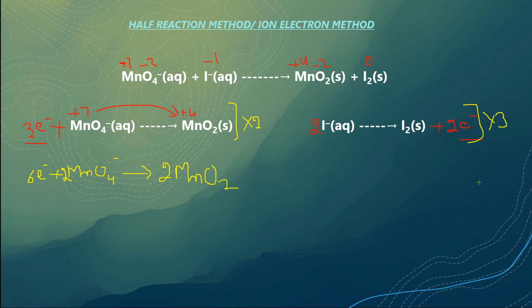And here if I multiply by 3, it becomes 6 I minus, giving 3 I2 plus 6 electrons. Okay, so electrons lost and gained are equal.